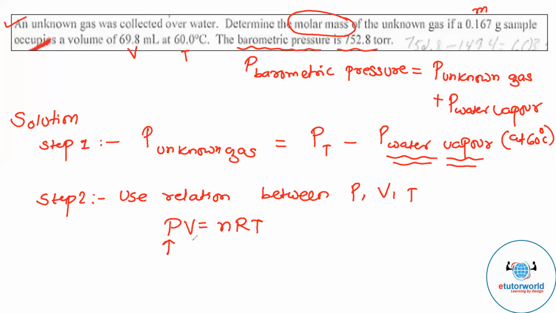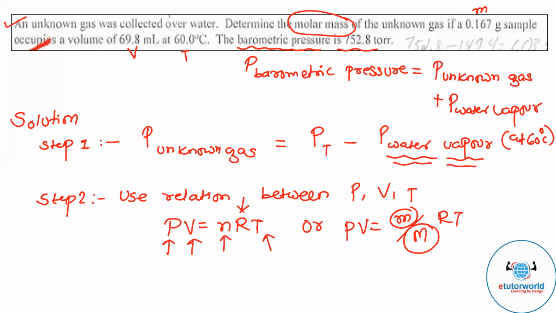P is the pressure, V is the volume, n is the number of moles, R is the gas constant, T is the temperature. Or we can write this equation as PV = (m/M)RT, where m is the mass and capital M is the molar mass.